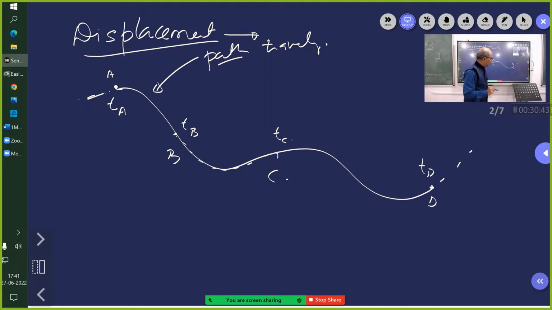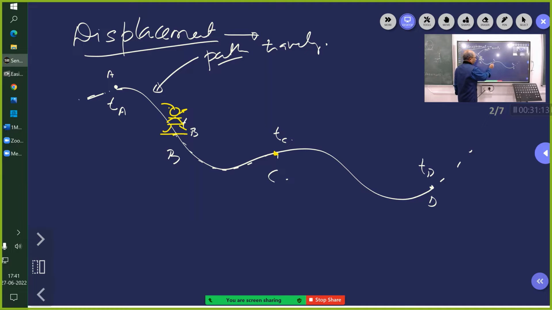Now, standing at B, when the object is at C, I will ask a question. Where is the object? I am standing here, and the object is here.